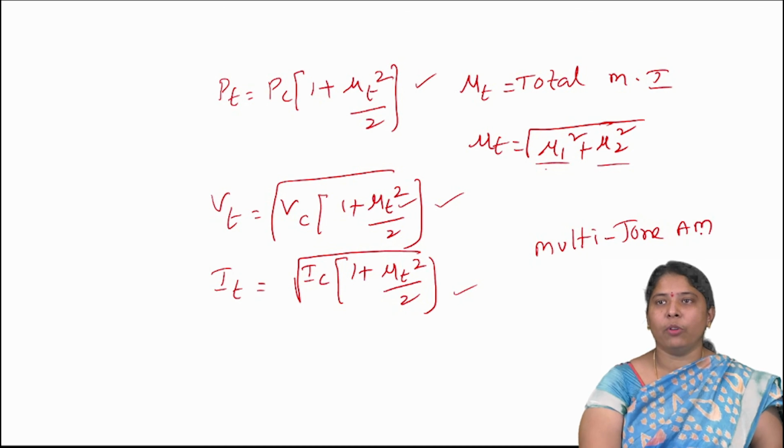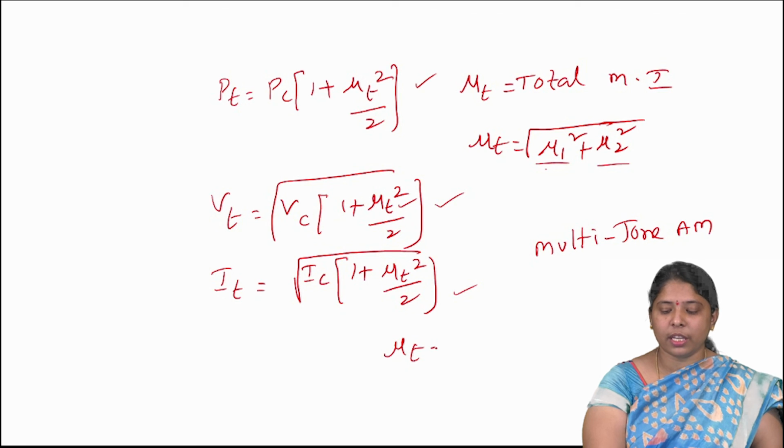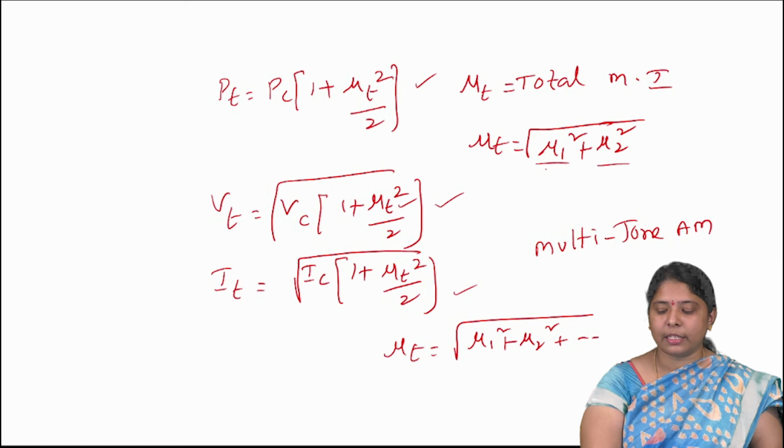So total modulation index, suppose it contains n frequencies, it is equal to root over mu 1 square plus mu 2 square plus and so on mu n square, if it contains n terms. This is about the single tone and multi-tone AM wave power calculations.